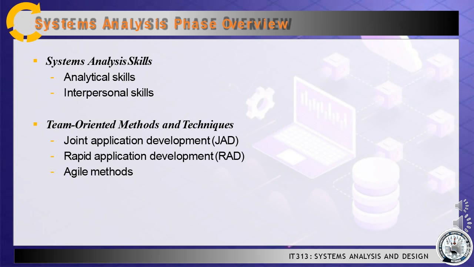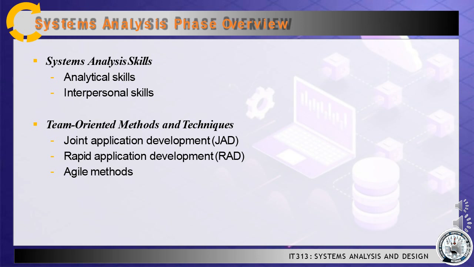You will need strong analytical and interpersonal skills to build an accurate model of the new system. The analytical skills enable you to identify a problem, evaluate the key elements, and develop a useful solution.